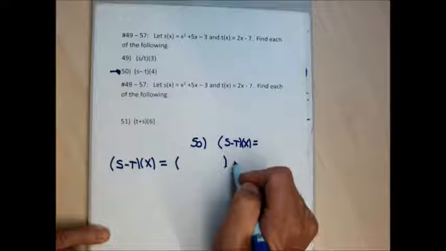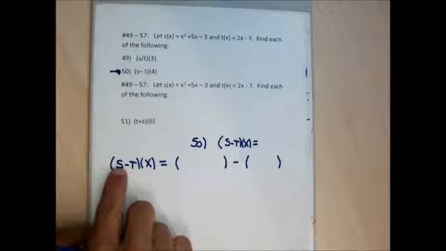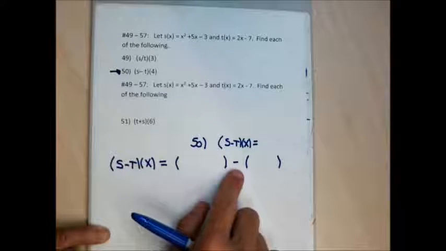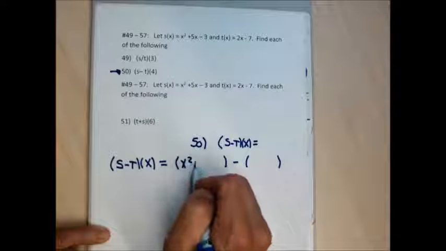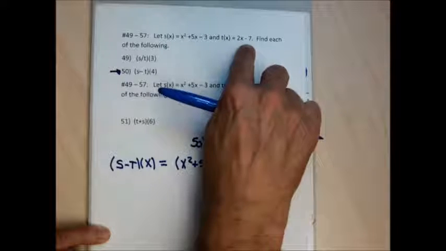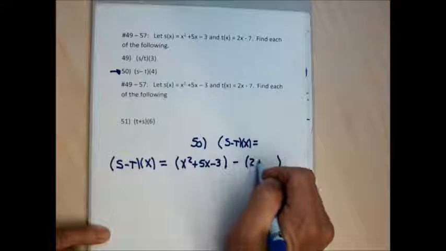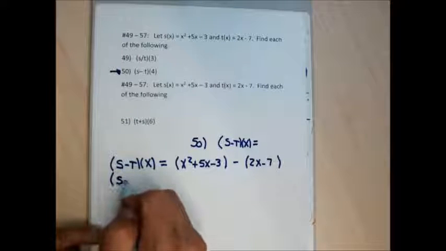I write an equal sign. After the equal sign, I make one parentheses for the s, a second for the t with a minus between them. In the s parentheses, I'm going to put x squared plus 5x minus 3. Into the t parentheses, I'm going to put 2x minus 7. And now I'm going to change the number back to what it's supposed to be.